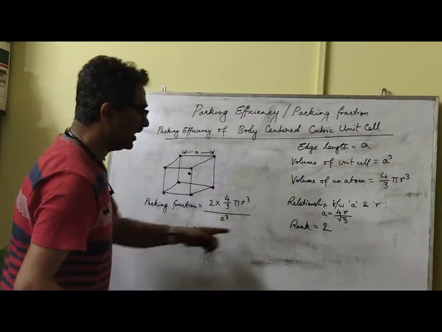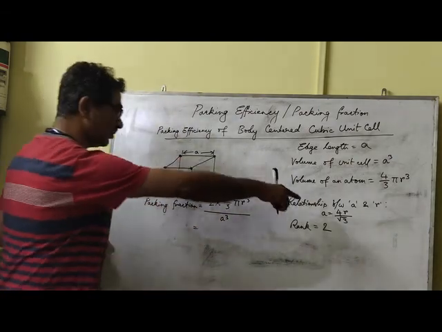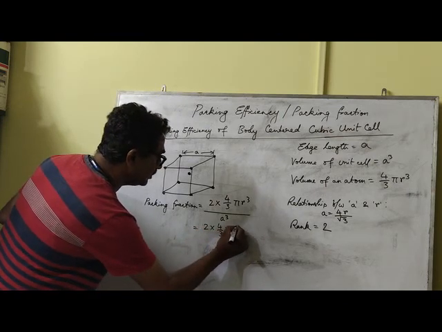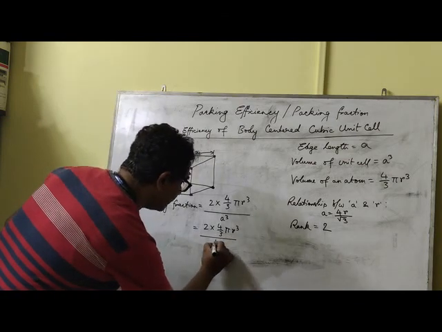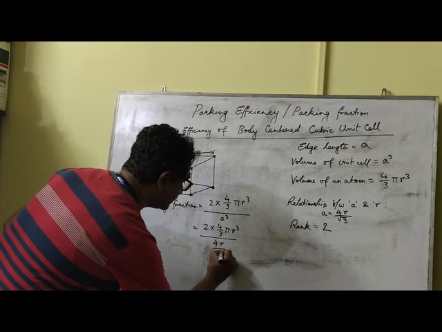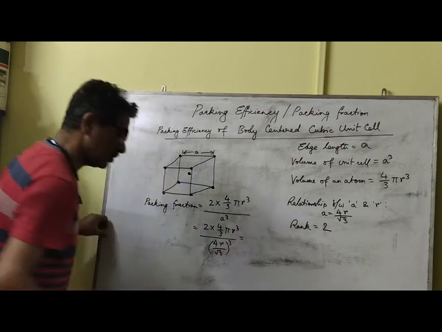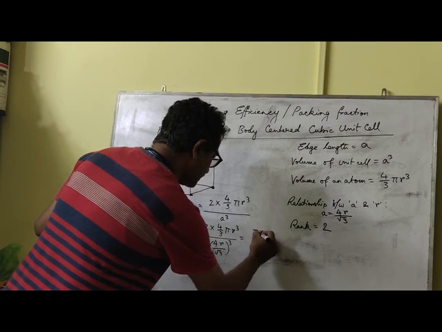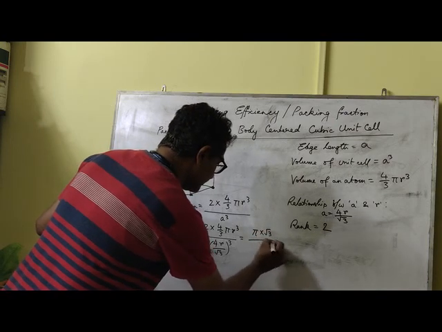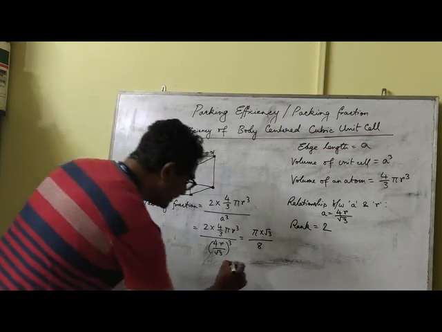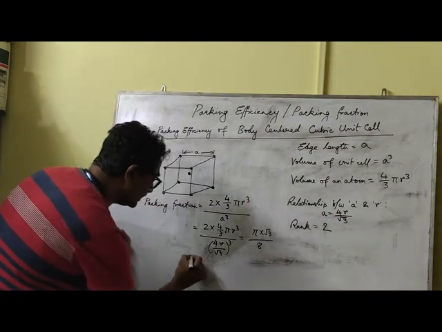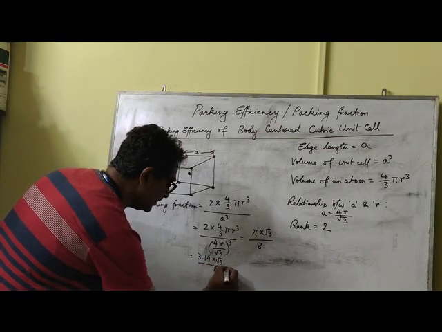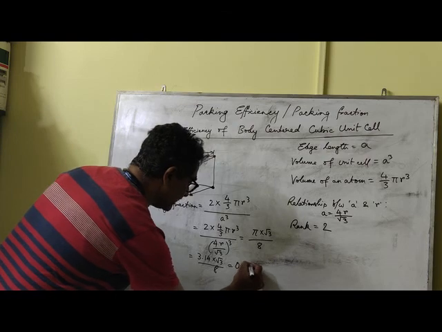Now substituting the value of A, that is 4r by root 3, we get 2 into 4 by 3 pi r cube divided by 4r by root 3 whole cube. So what do we get? Ultimately we get pi into root 3 divided by 8. Let me write it here: 3.14 into root 3 divided by 8 is equal to 0.68.